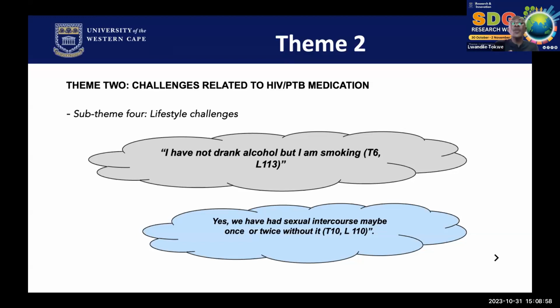So because of that, some of these participants experienced behavioral challenges, such as continuing drinking alcohol, smoking, and also engaging in unsafe sexual intercourse, which then resulted in them having poor health outcomes, both for HIV and pulmonary tuberculosis, because we expect that once they're initiated on medication, they will have suppressed viral load, and also they will be able to convert from the TB regimen's initial phase to the continuation phase, and they would take the medication for pulmonary TB for 6 months.